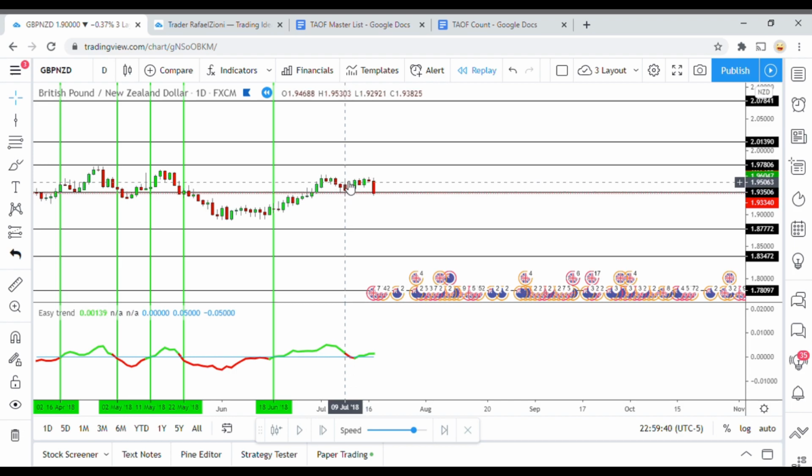And so that's an example of where you could have a condition that says you're not going to take a trade that's running right into market structure. It would have to either be above or below this market structure for it to be a valid trade. It can't be running right into it like this one is, and that would have saved you probably a trade here. It looks like it stopped us out.